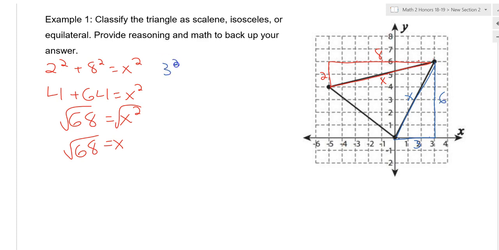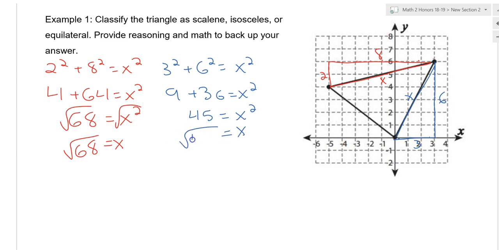So that's 3 squared plus 6 squared equals x squared, which is 45. I don't need to know the decimal to know that the square root of 68 is not going to equal the square root of 45. You don't have to simplify it or put it in decimal form or anything. I can tell from there those are not equal.